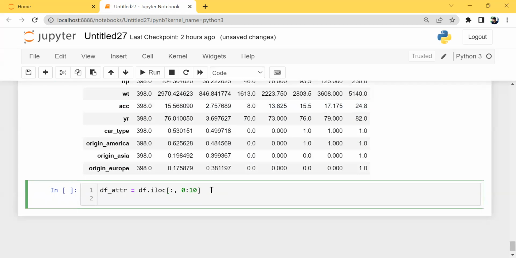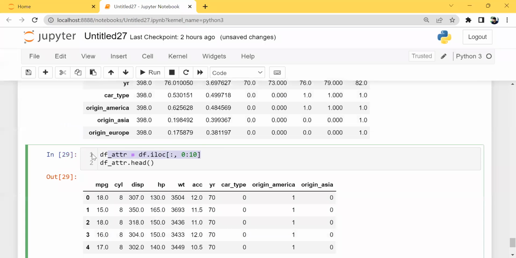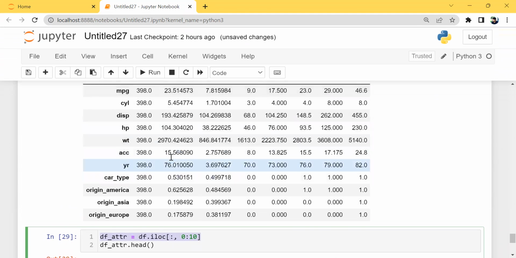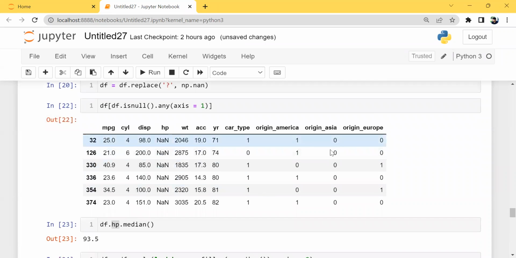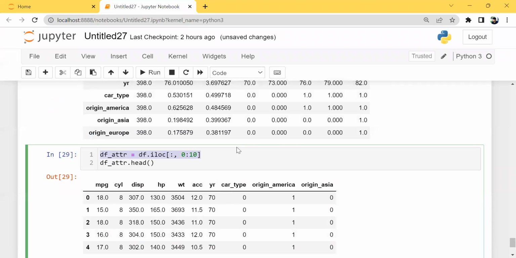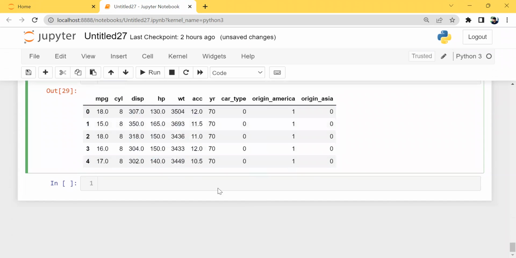And now after that, I need to check what is the output. The meaning of this particular code is nothing but I'm just copying the whole data set, columns 0 to 10, to a duplicate data frame, that is df underscore ATTR. Now I need to draw a pair plot.